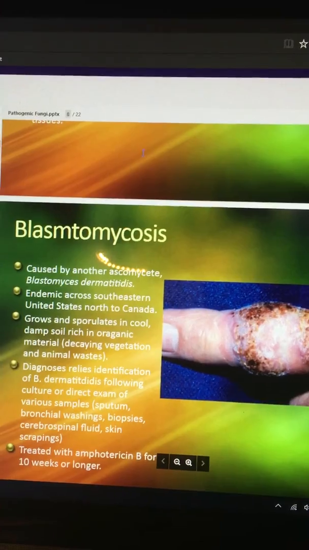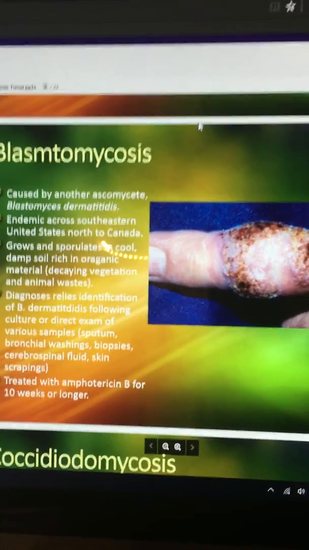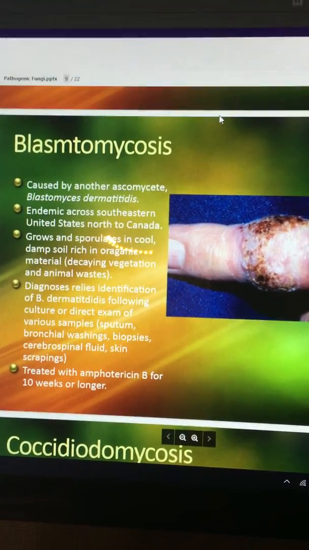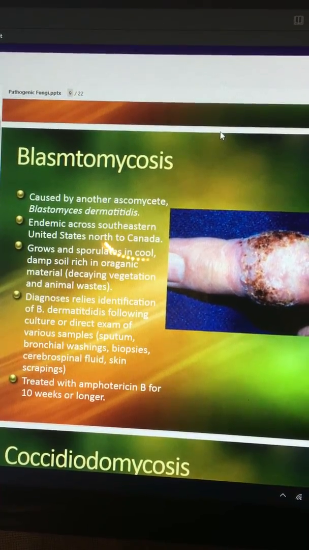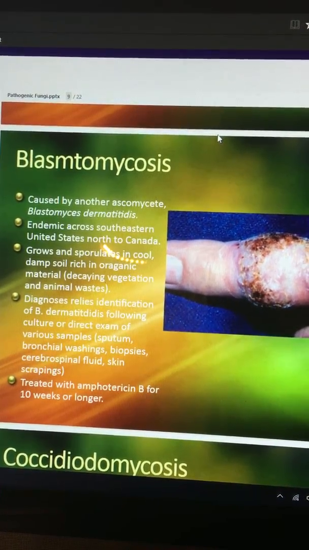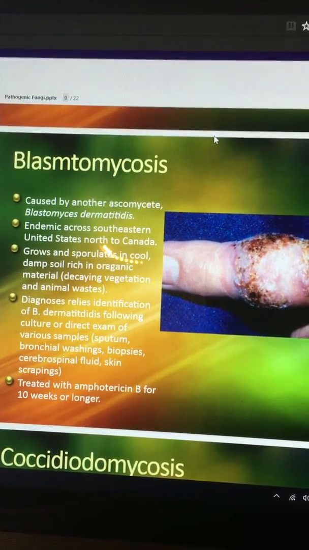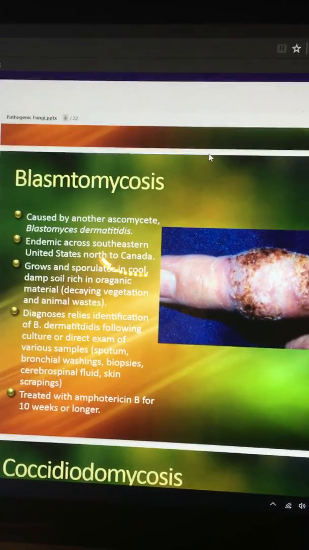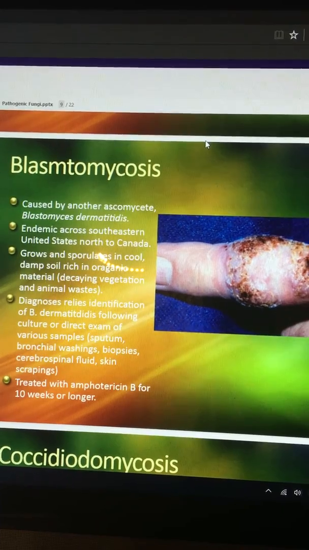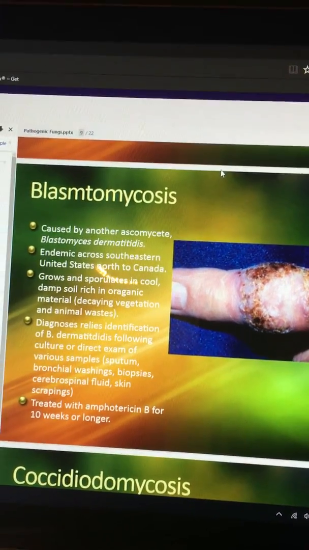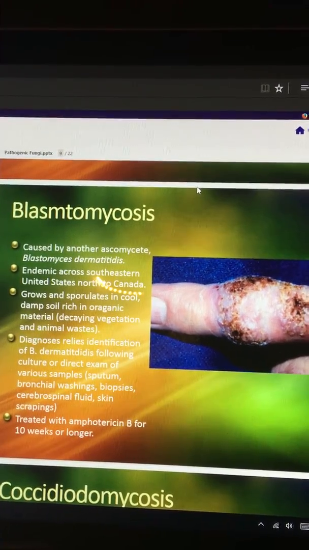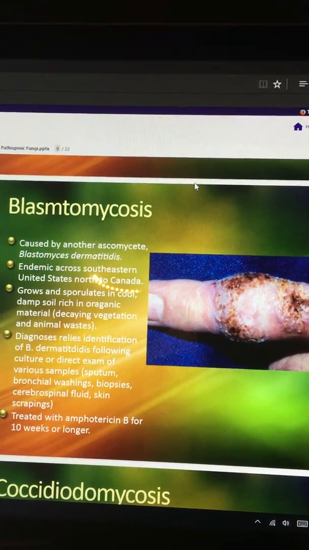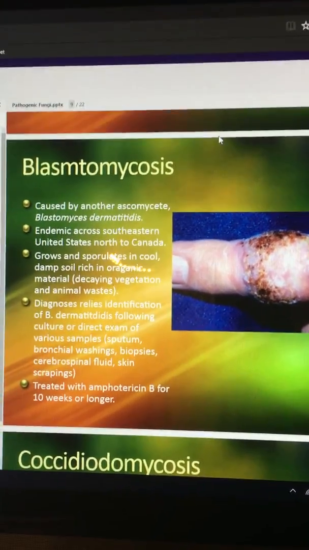There is also blastomycosis, which is caused by another ascomycete, called Blastomyces dermatitidis. It's endemic across the southeastern United States north to Canada. It grows and sporulates in cool, damp soil rich in organic material, such as decaying vegetation and animal waste.